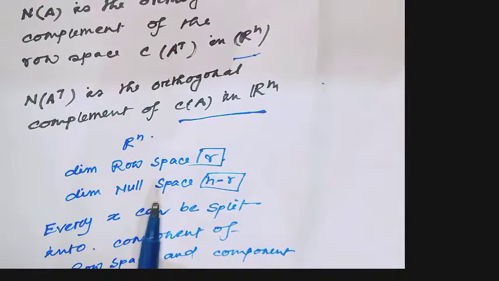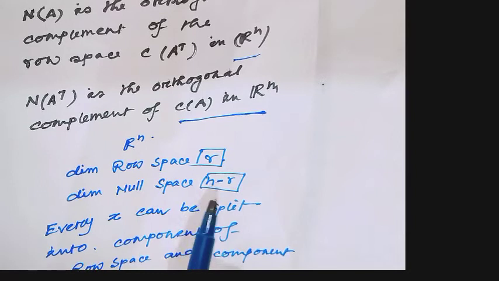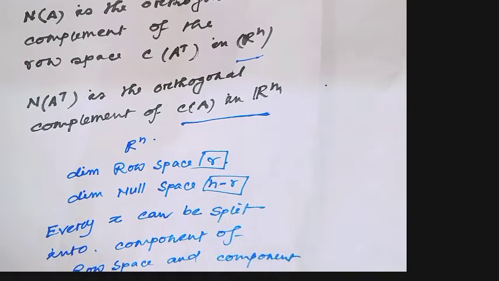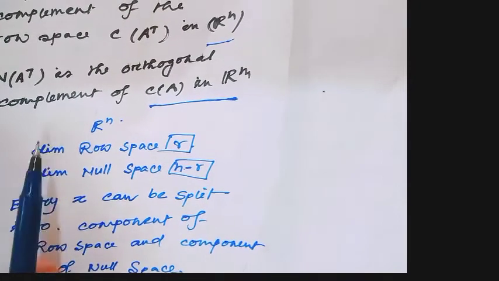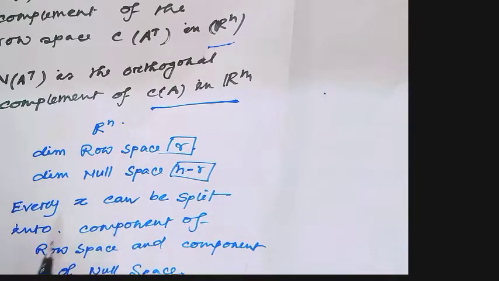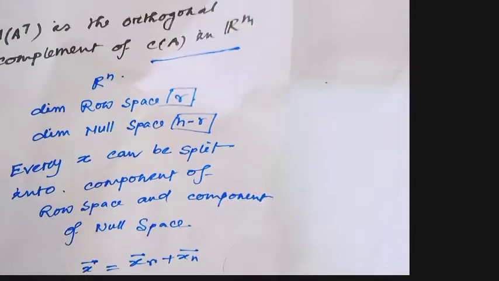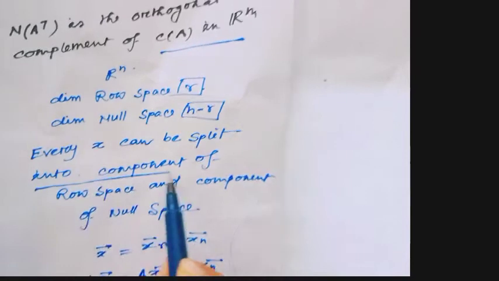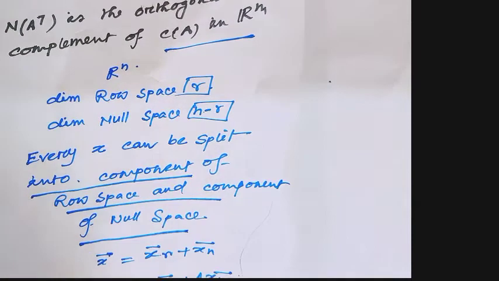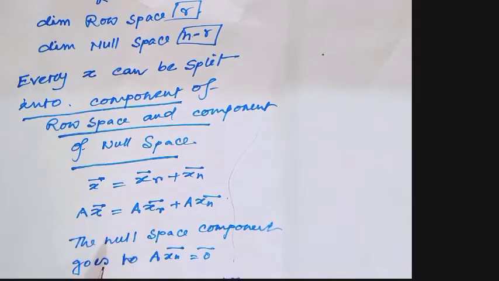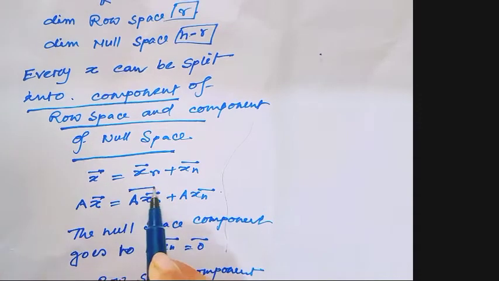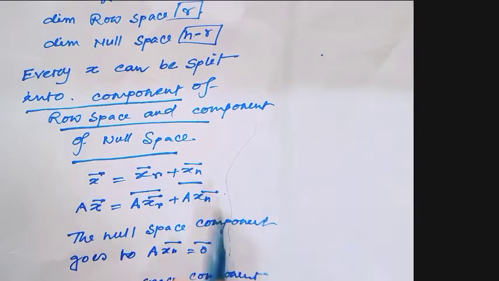Therefore, since the dimension of the row space equals r, the dimension of the null space is n minus r. Since the null space is orthogonal to the row space, every vector x can be split into a component of the row space and a component of the null space. Are you getting it?